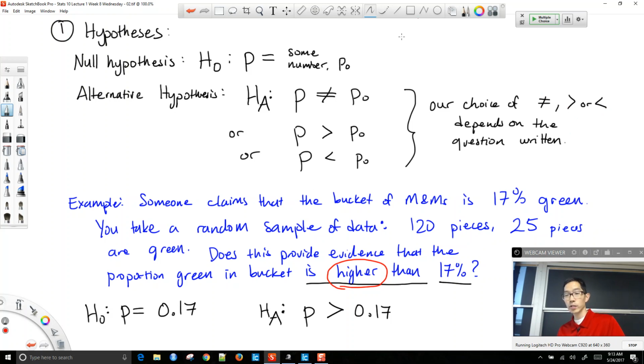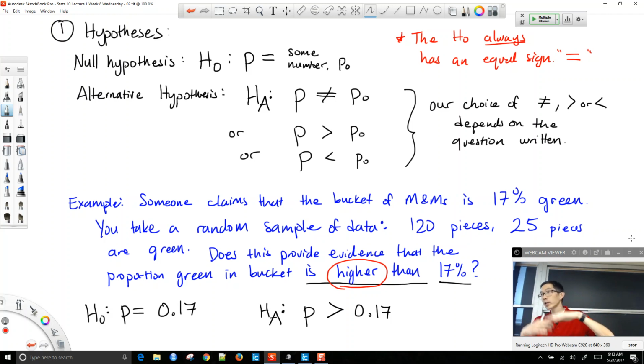Maybe it's also important to note that the null hypothesis always has an equal sign. So if the claim says somebody claims that the proportion is greater than 18%, then the greater than 18% will go into your alternative.